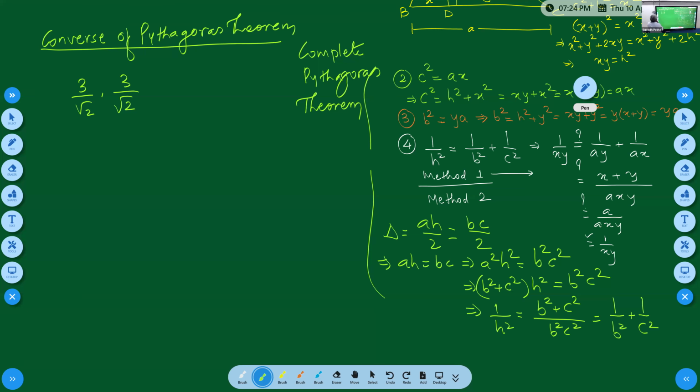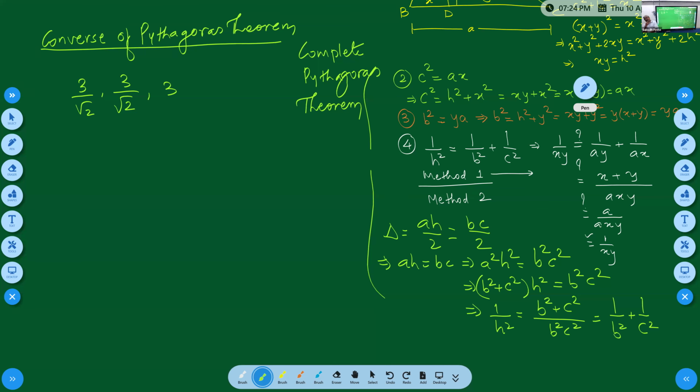And then 9 by 4, 9 by 4, 18 by 4, 9 by 2, 9 by 2, 18 by 2, 3. Suppose three sides of the triangle are 3 upon root 2, 3 upon root 2 and 3. Then it is a right angle triangle, an isosceles right angle triangle.